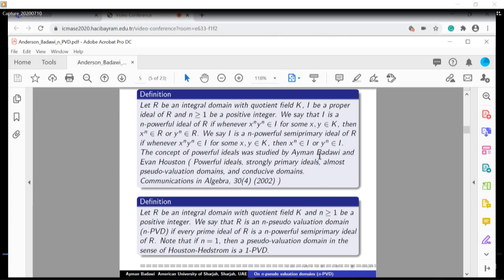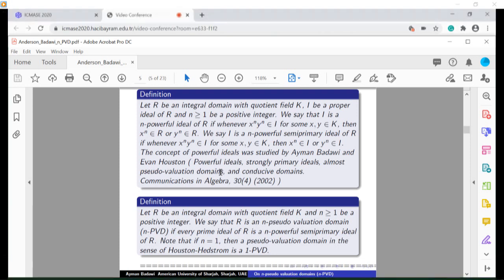In fact, also in that paper with Evan Houston, we studied a new class called almost pseudo-valuation domain, but I decided not to talk about it here because we already have many concepts. We have valuation, almost valuation, pseudo almost valuation.